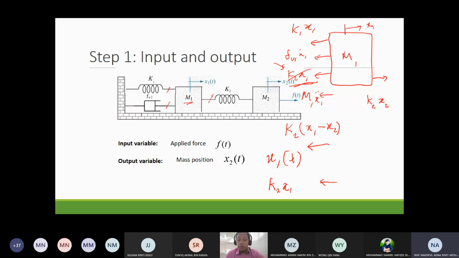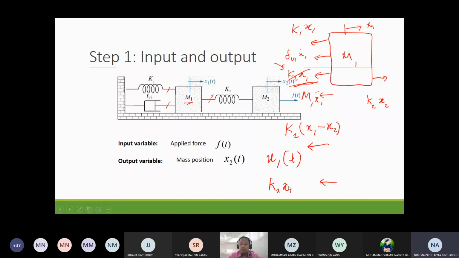The reason why I split the force is because later when you want to write the equation of motion, it's a lot easier, because in the end you need to split them anyway. But both answers are acceptable. Okay, if you write K2 times X1 minus X2, but the direction is backward, it is correct.